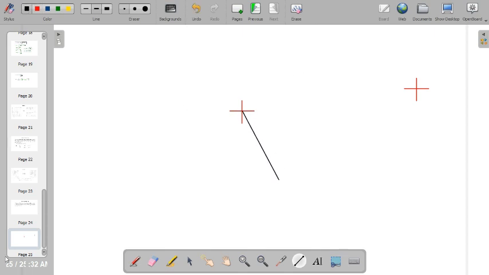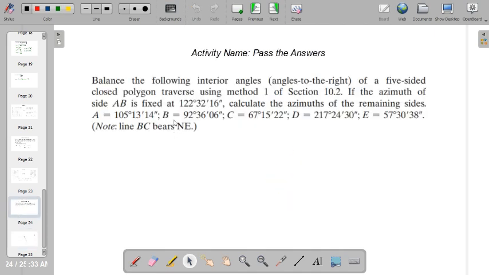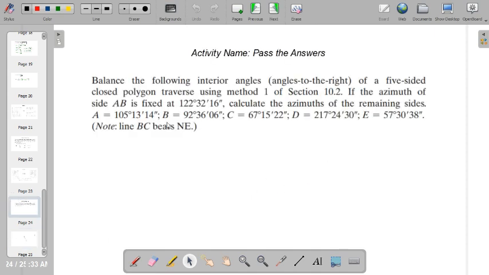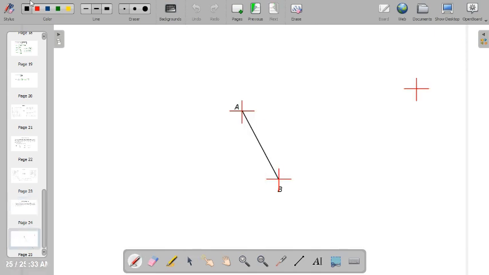That is somewhere here. Then that's point A, and this is point B. Then we duplicate our reference meridian and plot the point B.